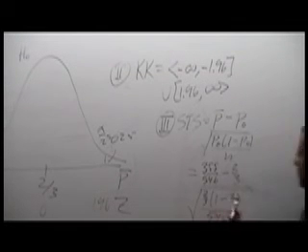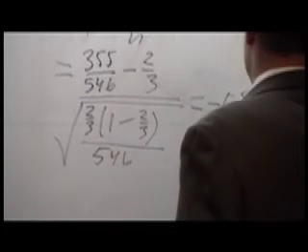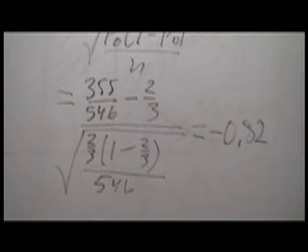I'm always tempted to do this incorrectly, but I believe this is correct. And that number is minus 0.82. Is that number in our rejection region?